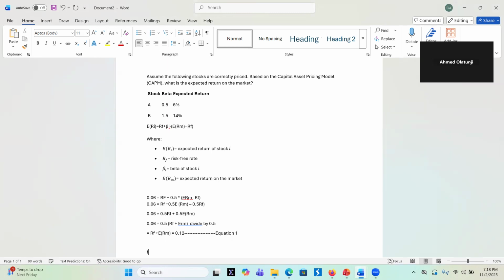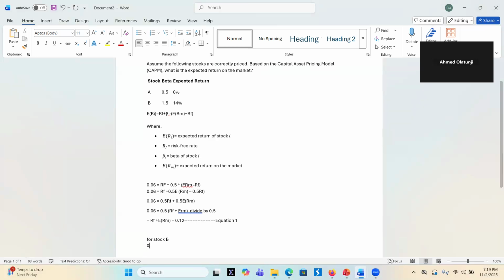So we move on to the second stock, stock B. For stock B, we have 0.14. Of course, the same formula equals RF plus, it's very simple if you understand the formula and you know the formula offhand, ERM, R in capital letter, minus your RF.